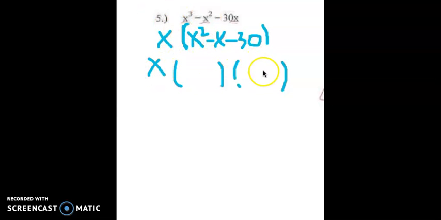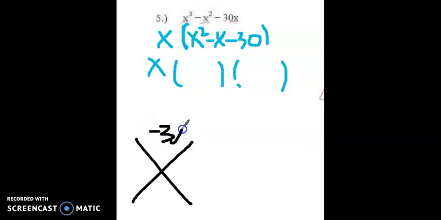Then I bring down my two sets of parentheses because there's x squared, so I'm going to have two parts. And then I'm going to try to figure out what multiplies to make negative 30 but adds to make a negative 1. So when I think of my factors, the first thing that comes to mind is 3 and 10.